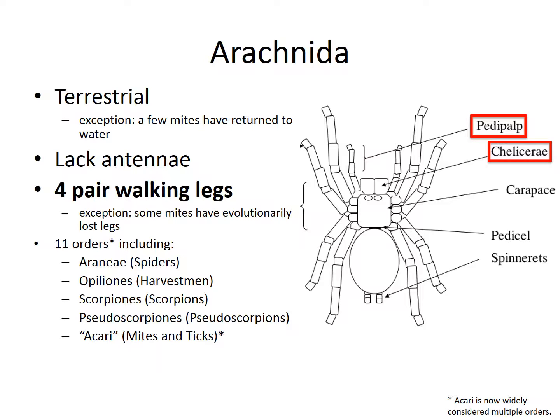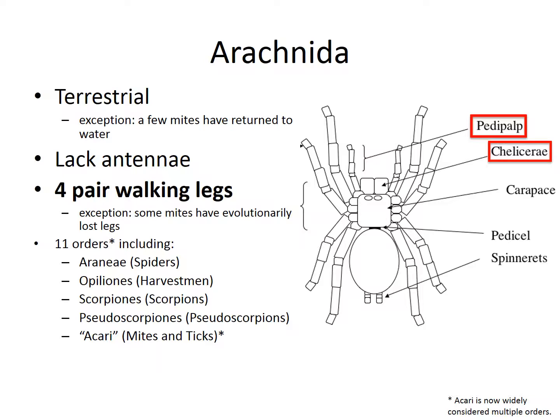In addition to these 4 pairs of walking legs, all arachnids also have 2 other sets of appendages on the front of their bodies. The first of these sets, that is farthest from the mouth, I guess, are the pedipalps. And the pedipalps are typically used for food handling, food capture. In some groups, they're used for mating.